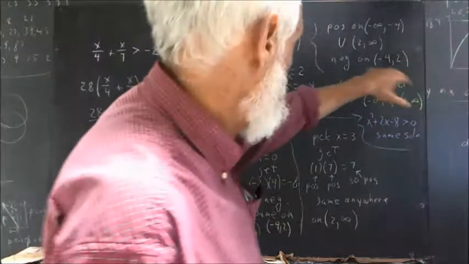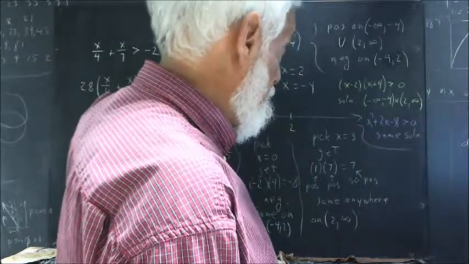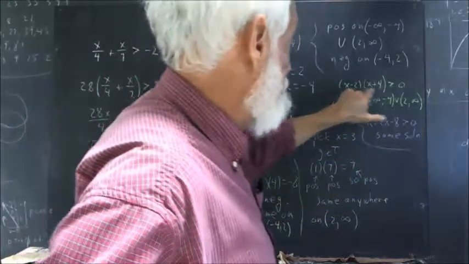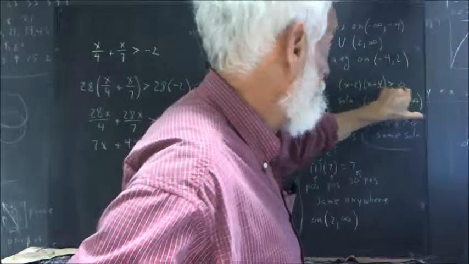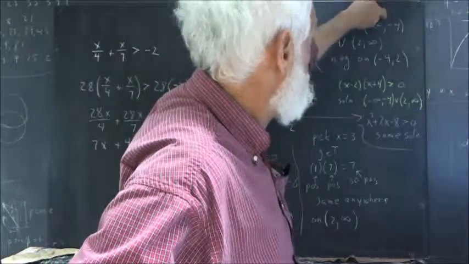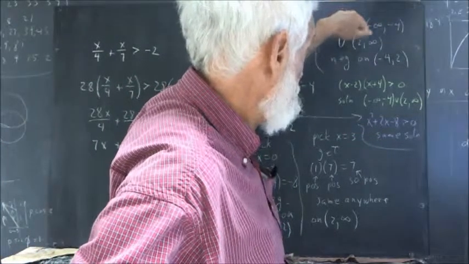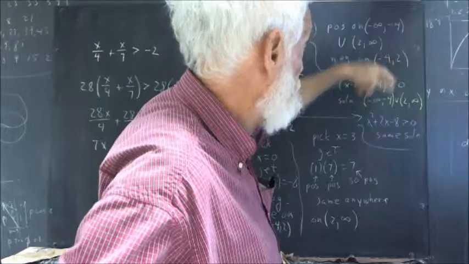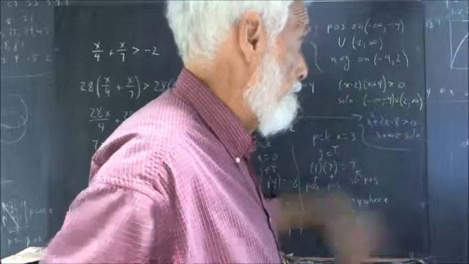Okay, now I've got it right. That means that, for example, if we have the inequality (x − 2)(x + 4) greater than 0, what's the solution? This is greater than 0 on this interval union this interval. So the solution to this inequality is negative infinity to negative 4, union 2 to infinity.